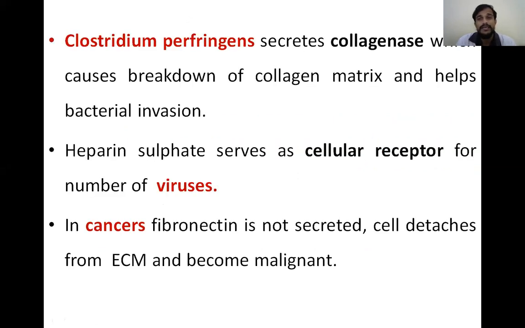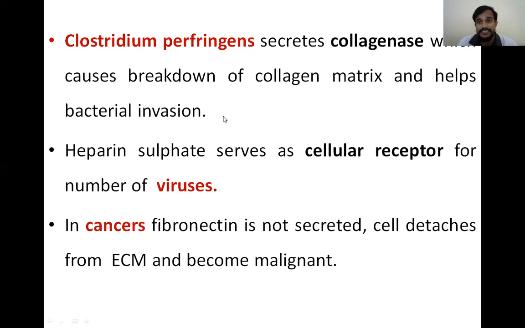So apart from that, bacteria and viruses will also use the extracellular matrix for entering into the body. For example, bacteria like Clostridium secrete collagenase, an enzyme. This enzyme will destroy the collagen matrix so that the bacteria can easily enter the body.